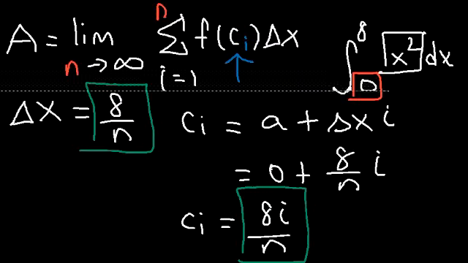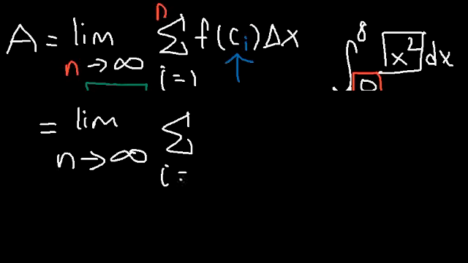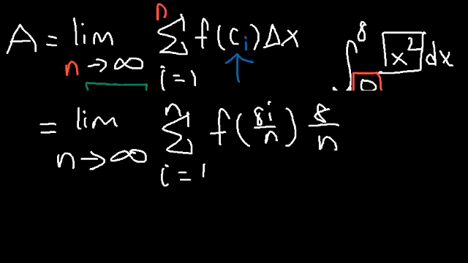So now we can say that the area is equal to the limit as n approaches infinity of the sum from 1 to n, and ci is 8i over n, delta x is 8 divided by n. f of x is x squared, so we need to take 8i over n and plug it into this expression.